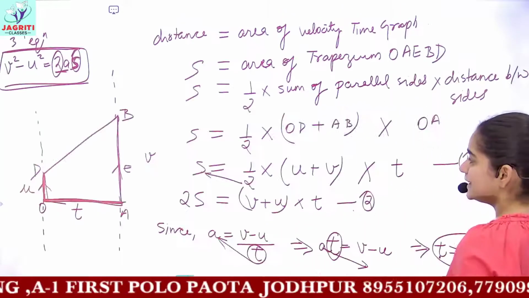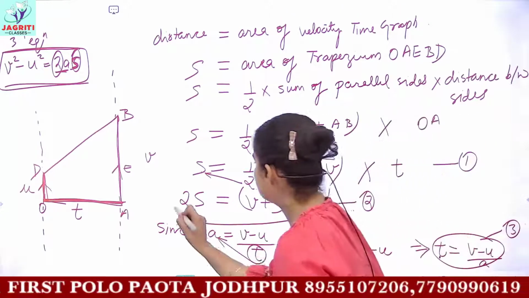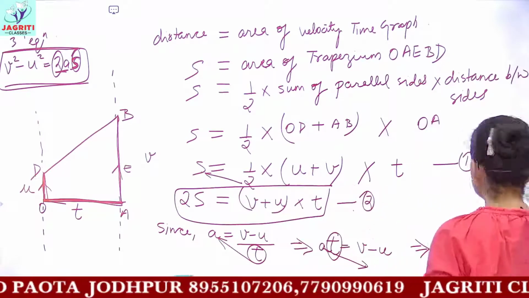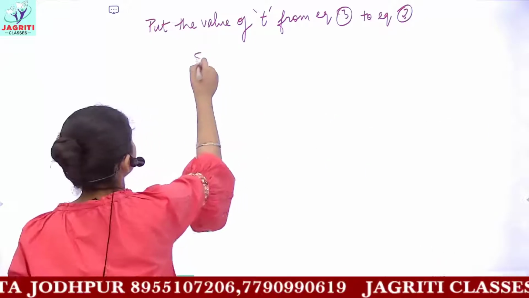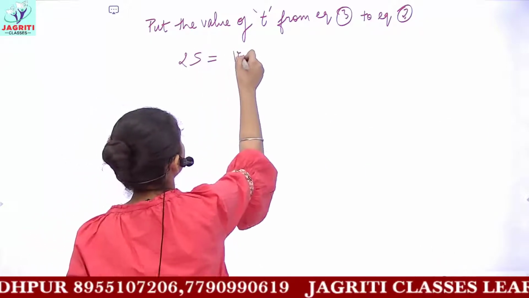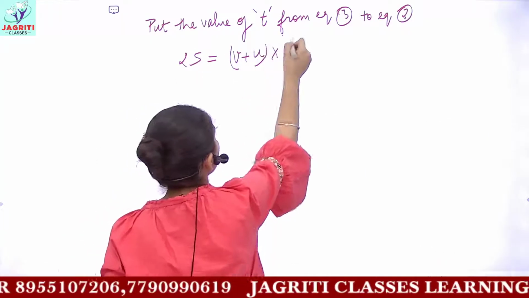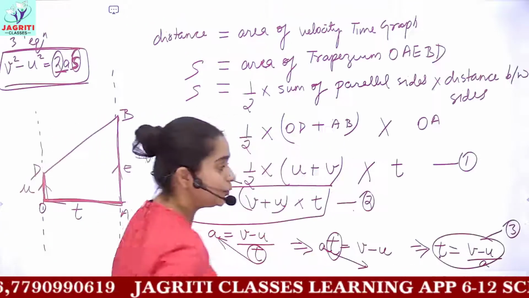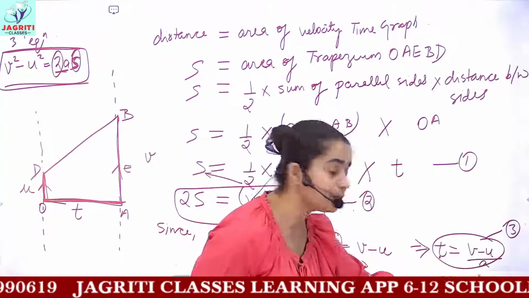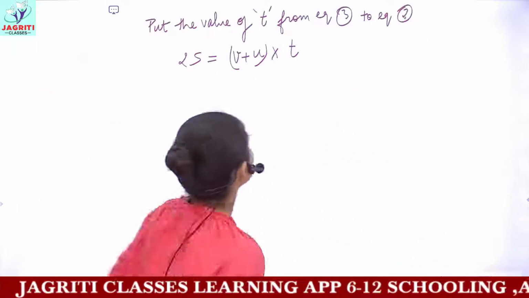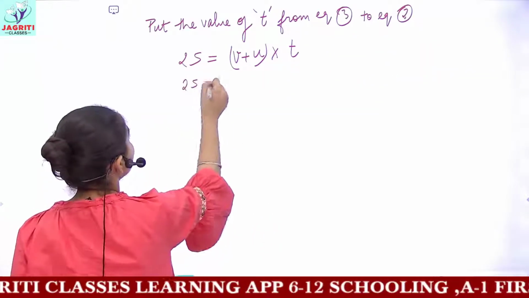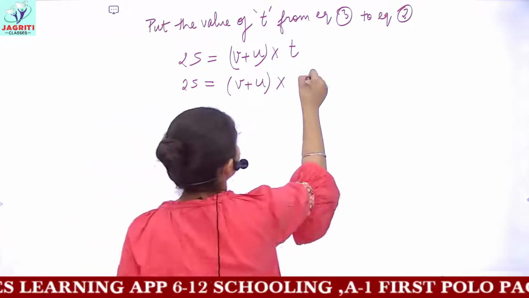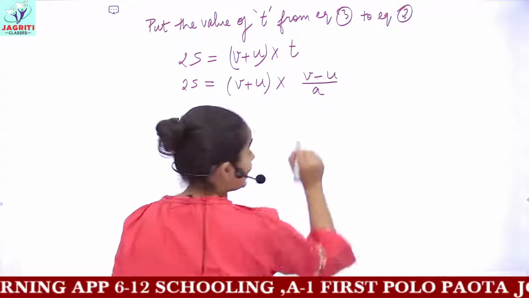And what is your second equation? The second equation is 2s equals v plus u multiplied by time t. And instead of t, you have to put v minus u upon a. So in the place of t, 2s would be v plus u multiplied by v minus u upon a.